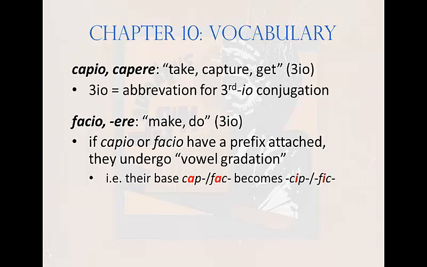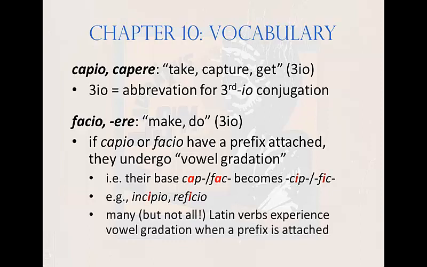In other words, the more colorful internal vowel a degrades to the less colorful i, because when the prefix is added, the syllable receives less stress, is said more quickly, and is prone to lose the color in its vowel. Thus, putting in on the front of capio produces incipio, or re on the front of facio produces reficio. Many, though not all, Latin verbs experience this type of vowel gradation when a prefix is attached.